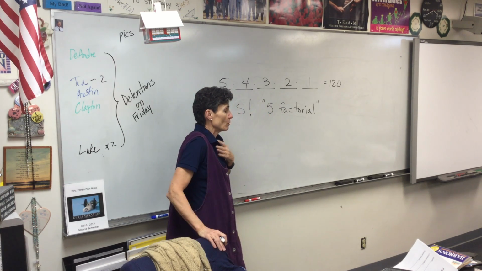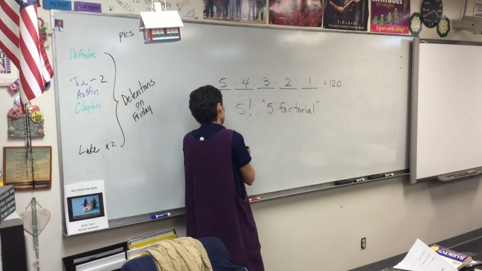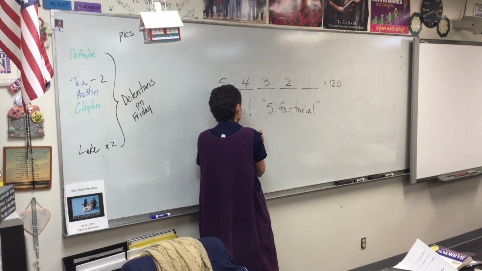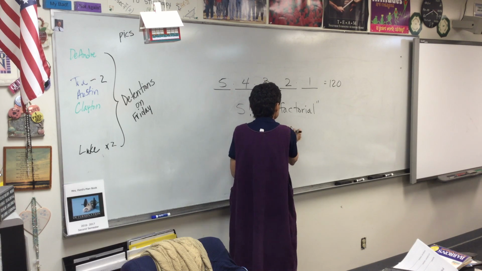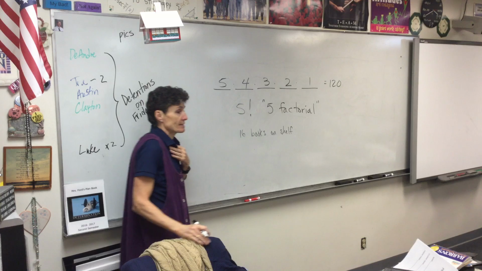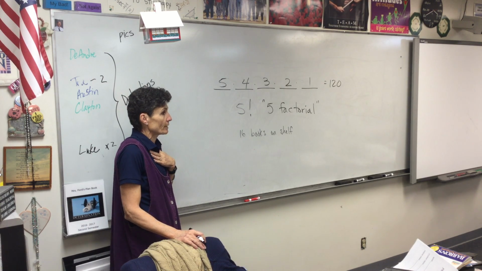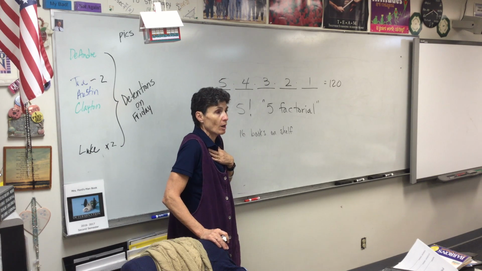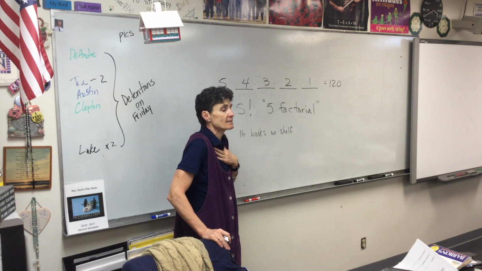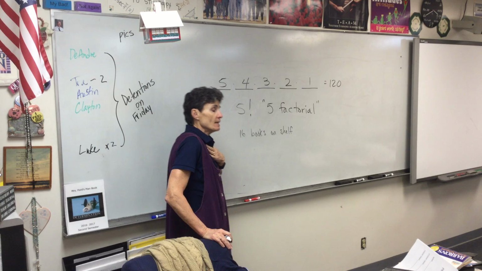So let's suppose that I'm going to go to the library and I want to arrange 16 books on a shelf. How many ways can I arrange 16 books on a shelf? 16 factorial. If you are arranging things in a row, it is so easy. If there are n of them, it's n factorial.